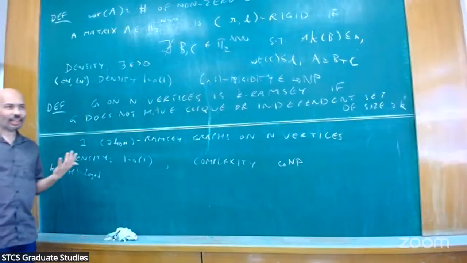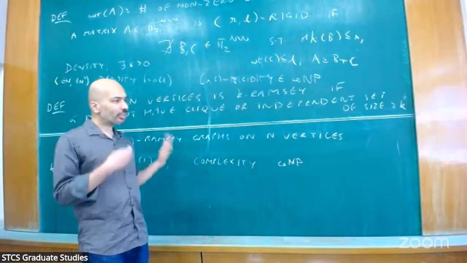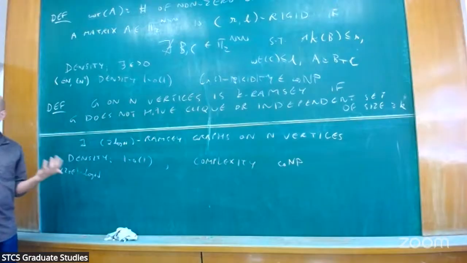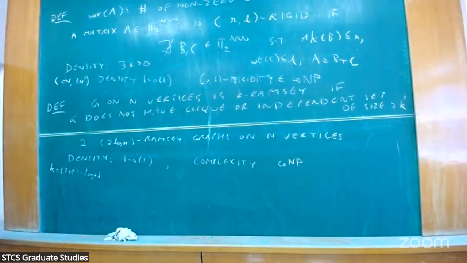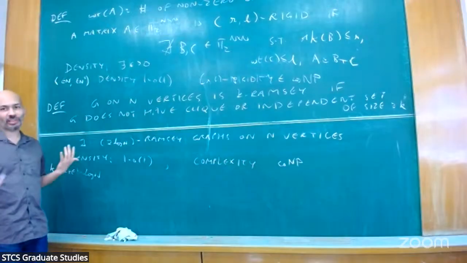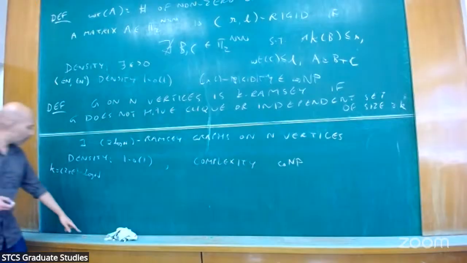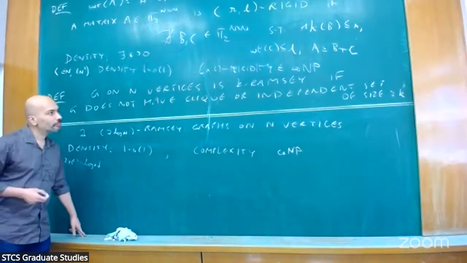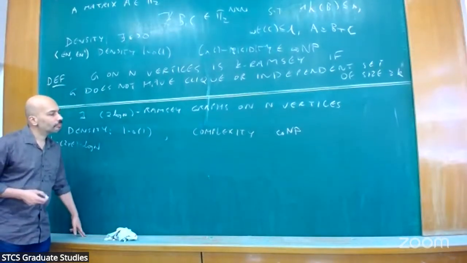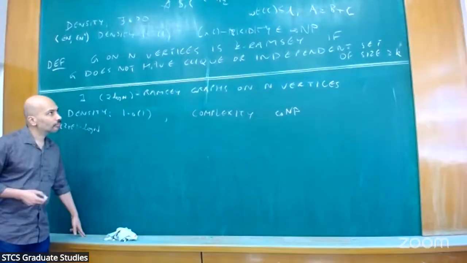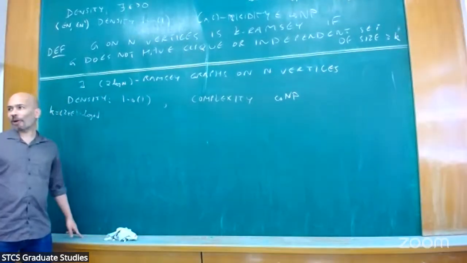Can anyone think of complexity theoretic reasons why this cannot be done in P? Any thoughts on why you should not expect this to be in P? Is there a standard complexity theoretic conjecture under which 2 to 3 log n Ramsey is not in P? So there's the planted clique conjecture, right?